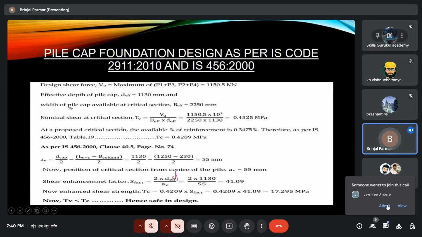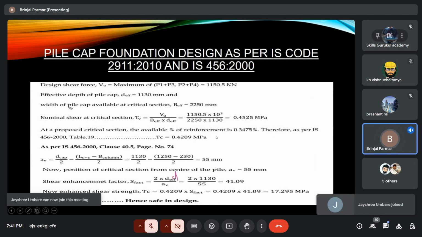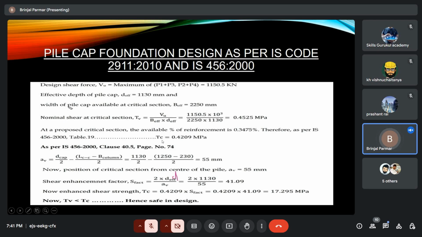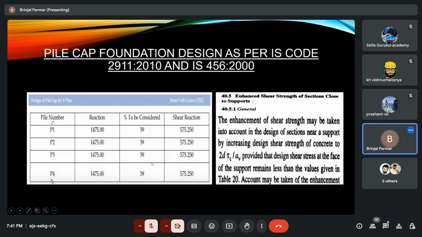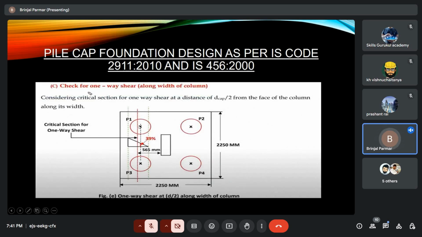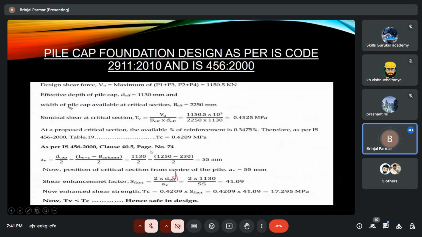At the proposed critical section, the available percentage reinforcement is 0.3475. Therefore, as per IS 456:2000 Table 19, TC is equal to 0.4290 MPa. As per IS 456:2000, clause 40.5, page number 74, AV is a D cap. D cap is the distance between the critical section and the center of the pile.